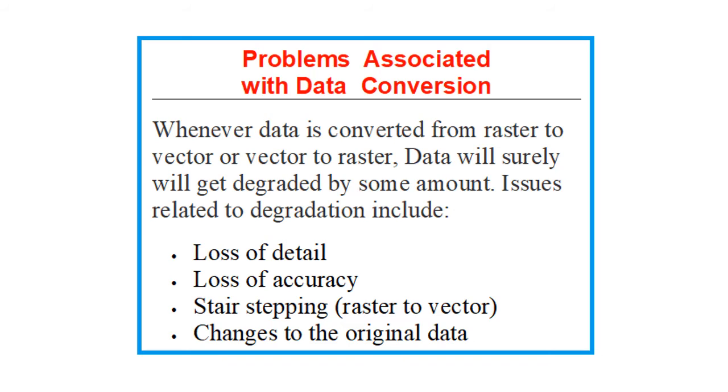Changes to the original data: whatever we have in G3, we feel it is the correct data, and when you develop that data and then convert from one format, JPEG to BMP, RTF, all those are different types of rasters. So whenever we make changes, be sure that accuracy is being compromised and some details are being missed.